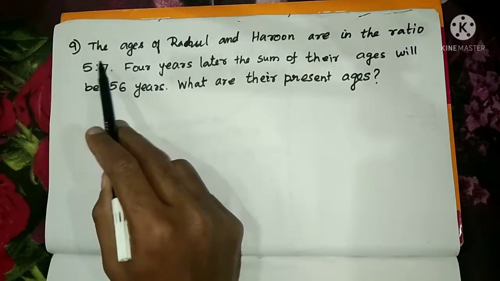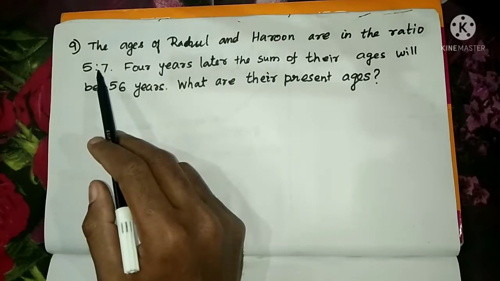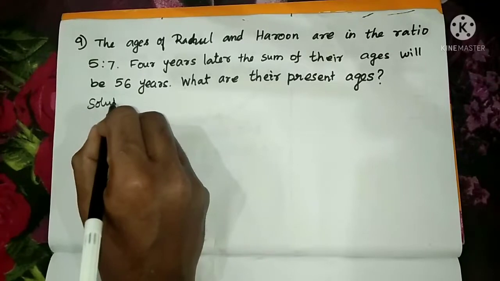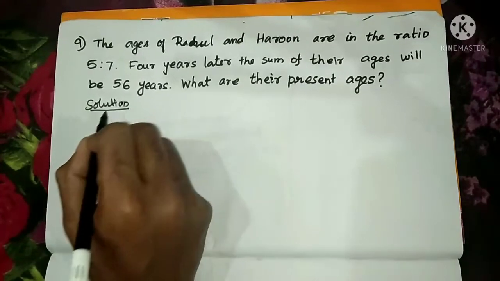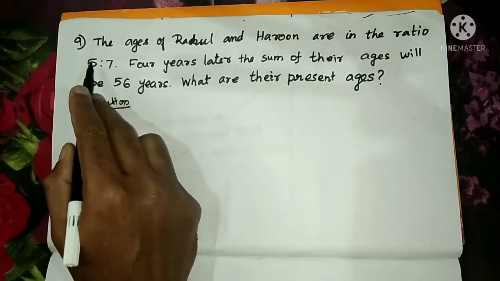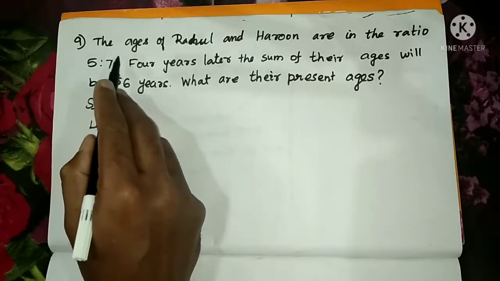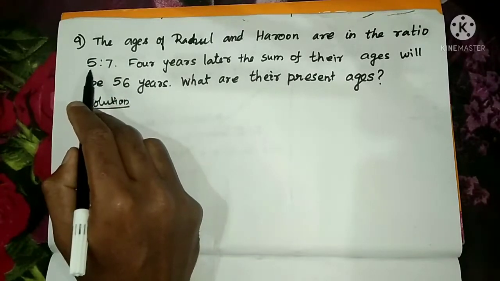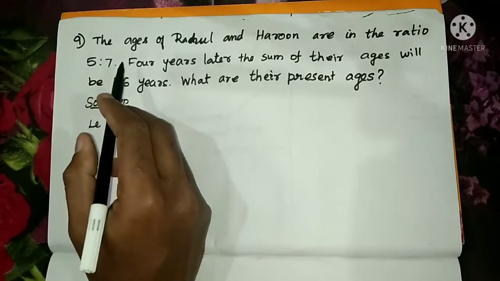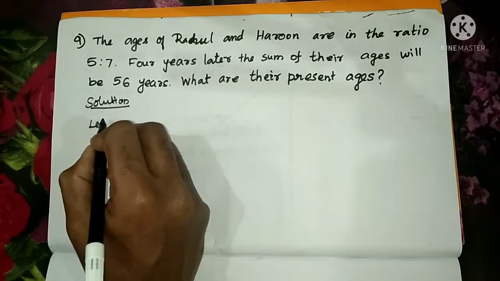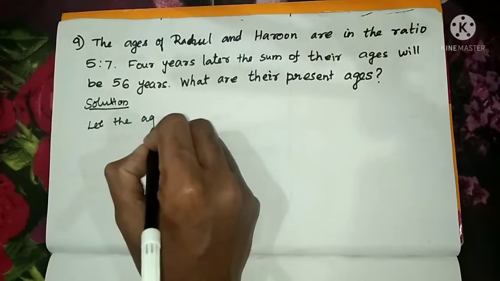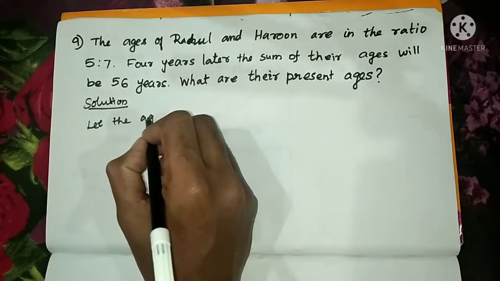So this is not their original age, it is some other number. To get their original age, we can write their ages as 5x and 7x. There will be a common number multiplied with this ratio. When you multiply the common number, we'll get the original age.